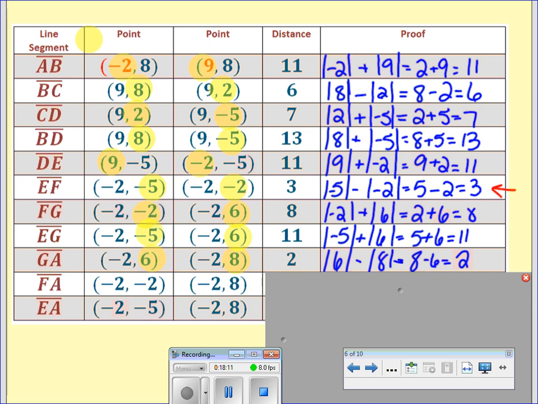If you want to draw an arrow, you can. Or when you write your original equation, you can rewrite that. We can rewrite that to the absolute value of 8 minus the absolute value of 6. And then it will be equal of the absolute value of positive 6. Sorry.